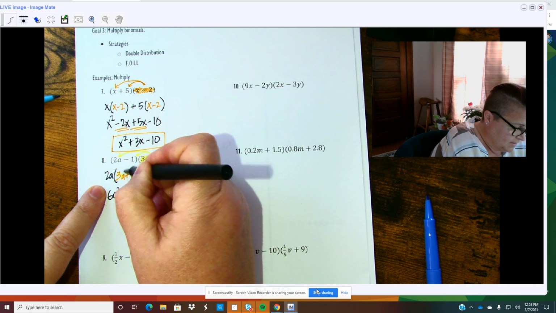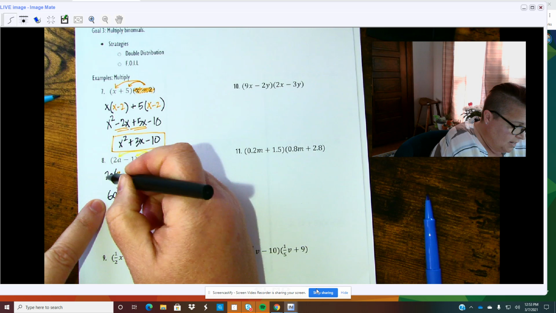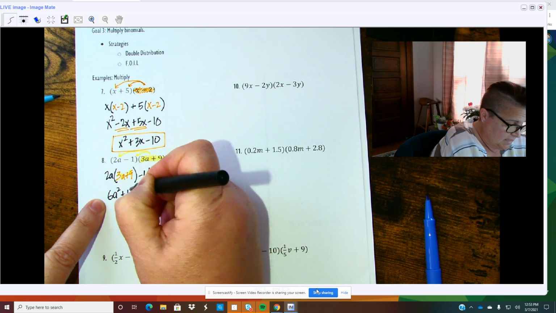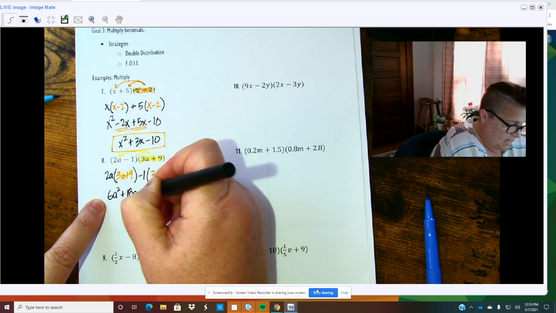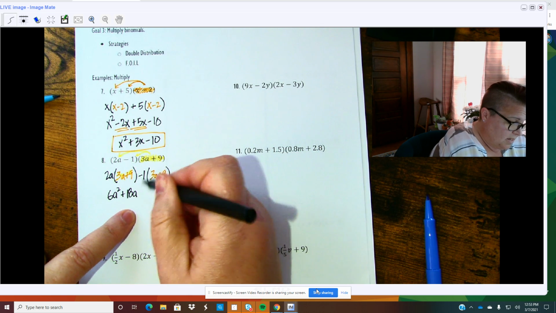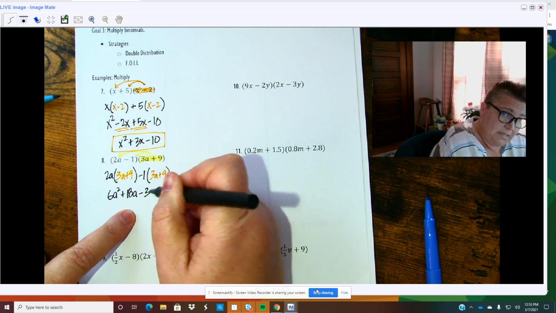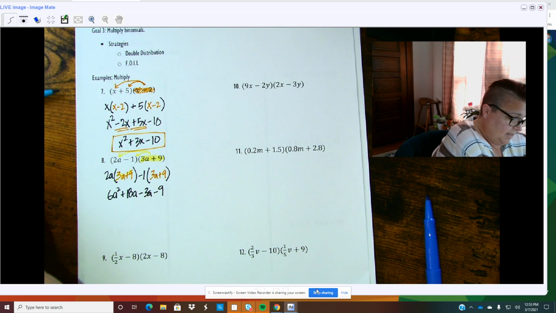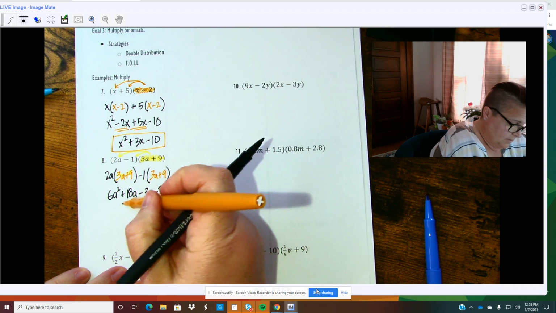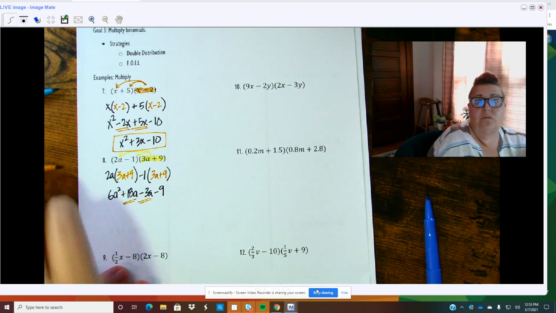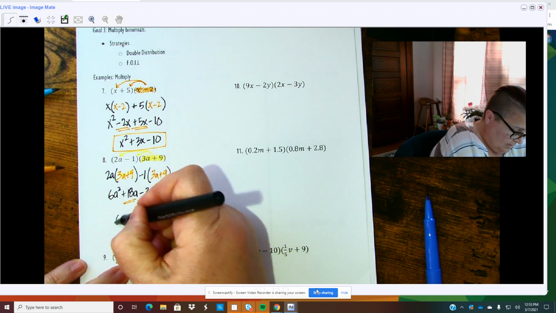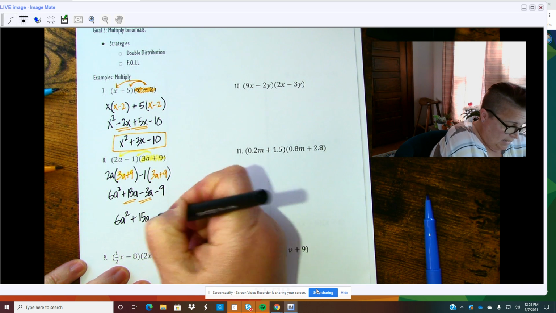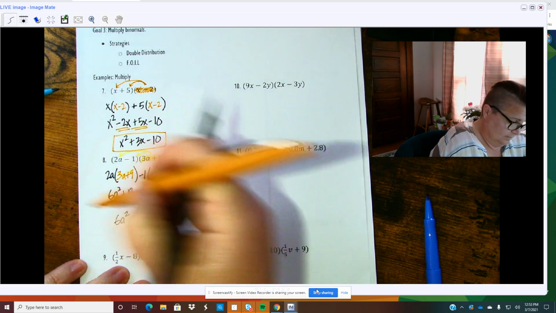Then I have 2a times 9, so 2 times 9 is 18a. Distributing that negative 1, I'm going to have a minus 3a minus 9. Then I can look for my like terms. I'm telling you, they almost always fall in the middle. And I have a 6a squared plus 15a minus 9.